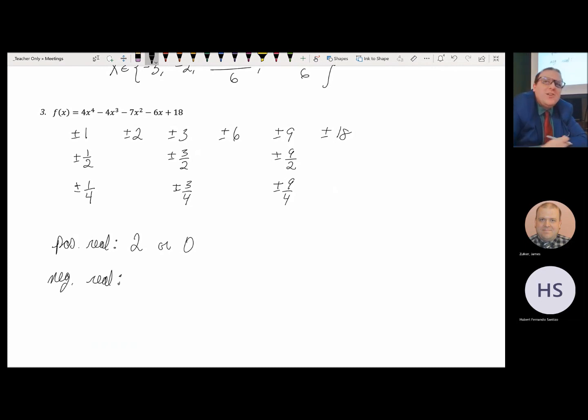You count the number of sign changes in f of x. Right? Positive, minus, that's a sign change. Minus isn't. Minus isn't. Plus is. That's 2 sign changes. How would it be 2 or 0? 2 less than even. So 2 minus 2.